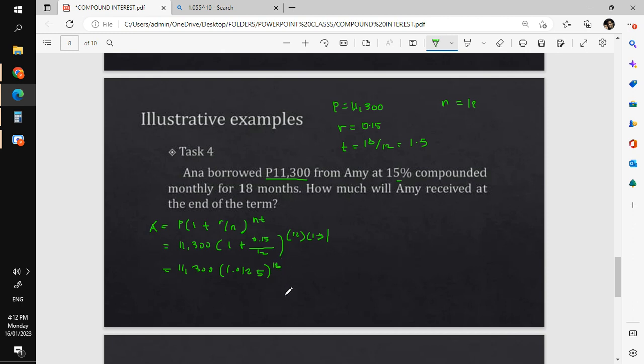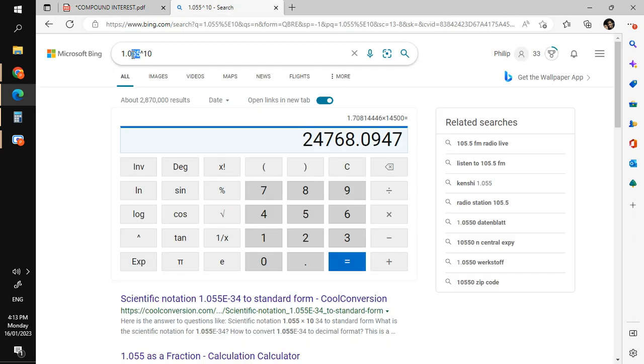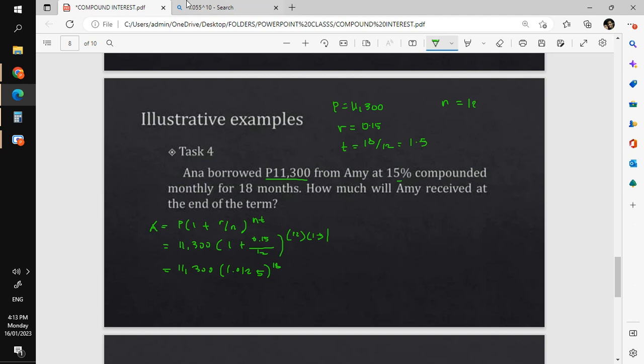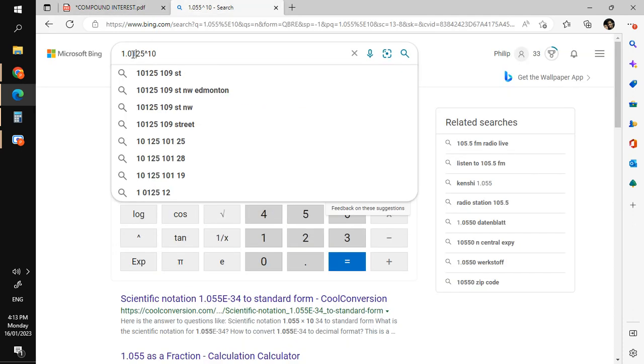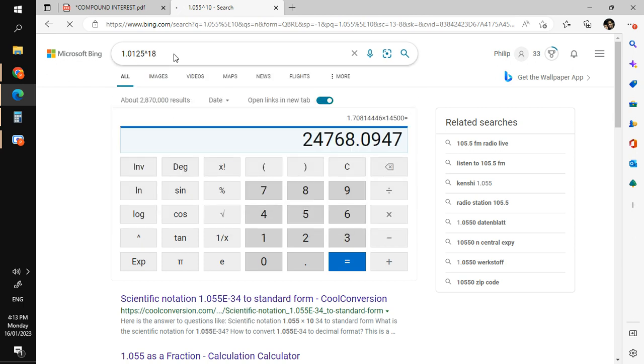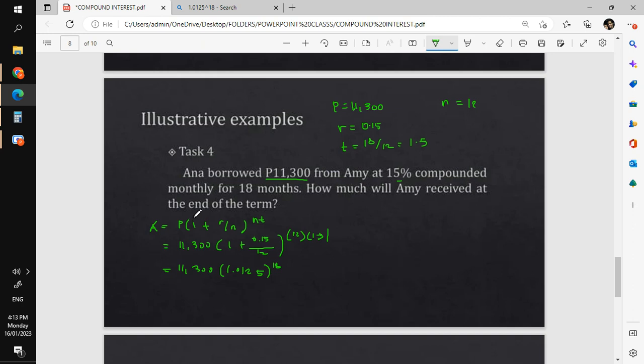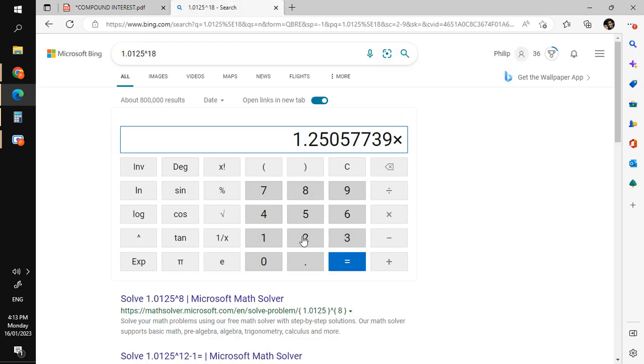Now you will be using your scientific calculator to evaluate this one, or the digital calculator, or using the internet or the search engine. So that's 1.0125 raised to 18. That's the value multiplied by 11,300.